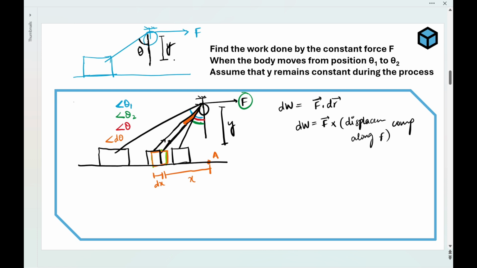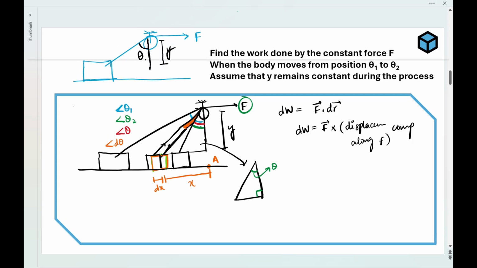So now here you can take this triangle out here. I am drawing it separately so it would be more visible. This is theta, since this is 90 degrees, and we have defined this as x and we know that this is y.